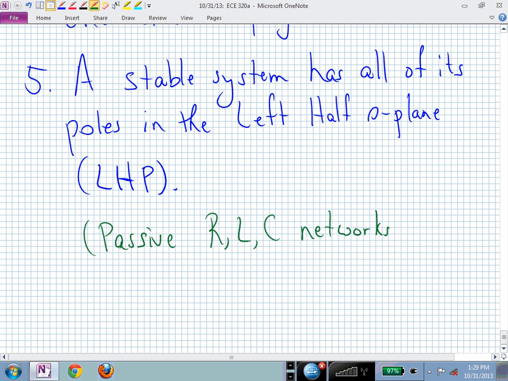Passive RLC networks produce stable transfer functions. So if you derive a transfer function from a passive RLC circuit, and you end up with poles in the right half plane, you go, oh, I must have an algebra mistake, or I must have an error somewhere, because if this is a passive RLC circuit, I better have all of my poles in the complex left half S plane.